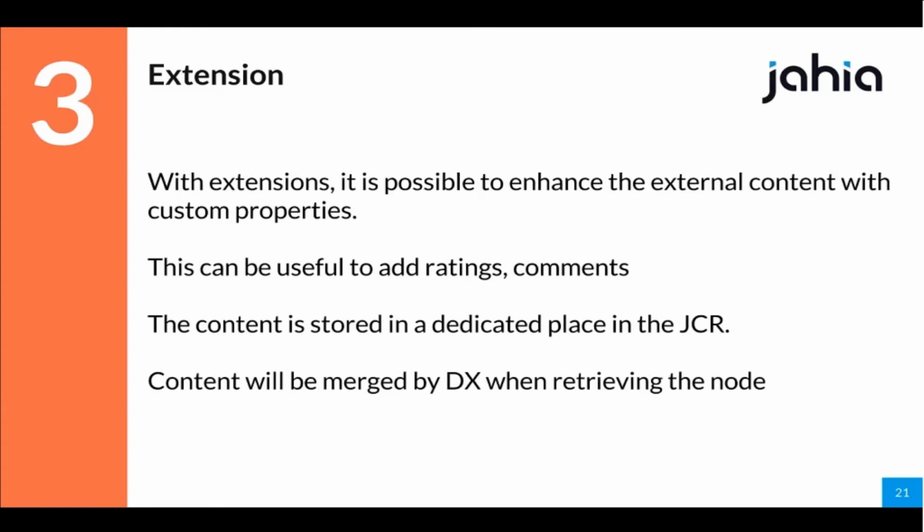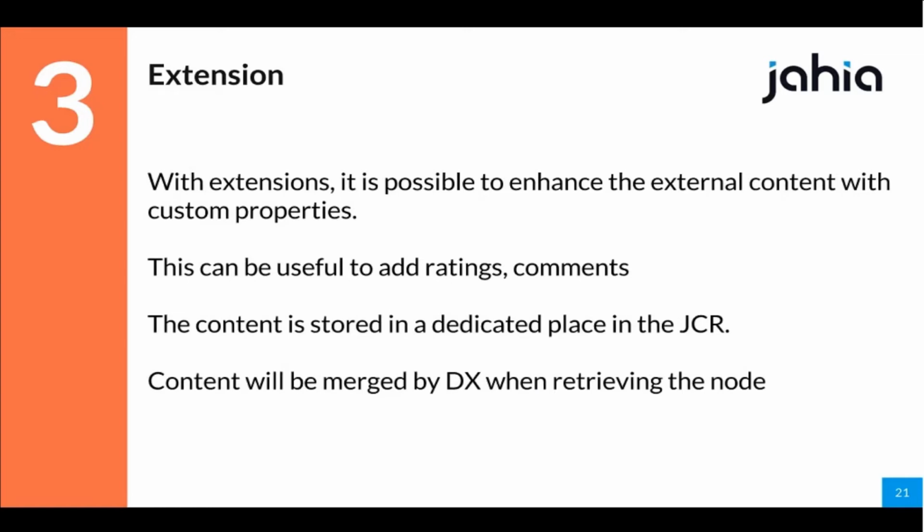So with those extensions, it's possible to enhance the external content with custom properties. And that's where the external data provider really shines, is that after that, your nodes will be part of Jahia, so you can apply mixins on them, like ratings, comments, to extend the data. And the content will be stored in a dedicated place in the JCR for you by DX.